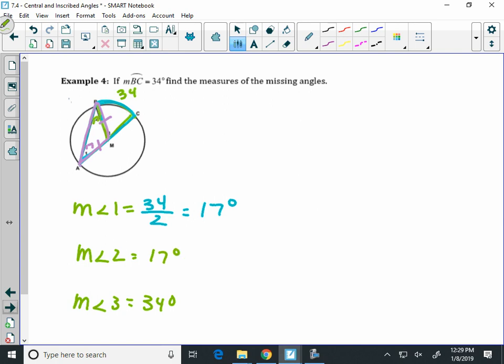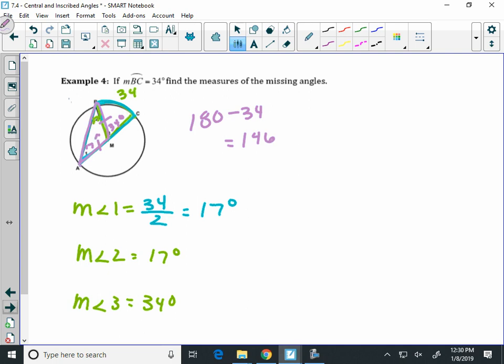Okay? You also could have thought about it this way. Some of you maybe worked ahead and did. We said at the beginning that angle 3 was 34 degrees. And I know angle 3 and the angle right next to it are a linear pair because they're on a straight line. They're right next to each other. So you could have done 180 minus 34. What is 180 minus 34? 146?